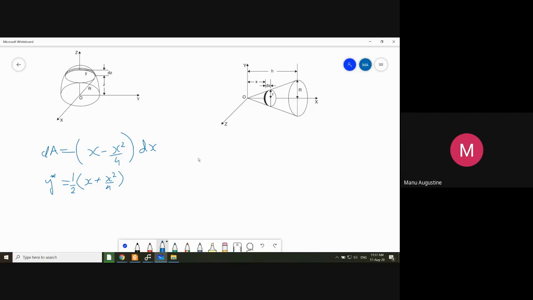And your y bar is given by integral y star dA by integral dA. And the limits of integration will remain the same.